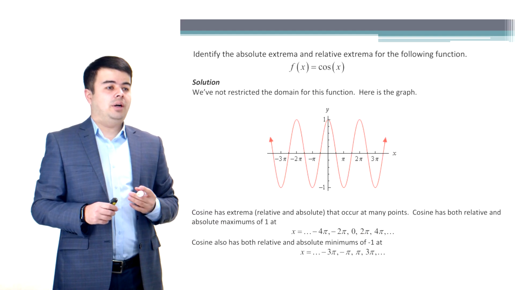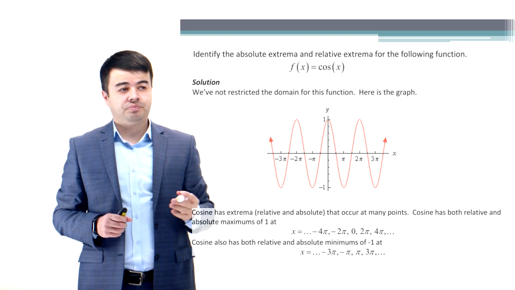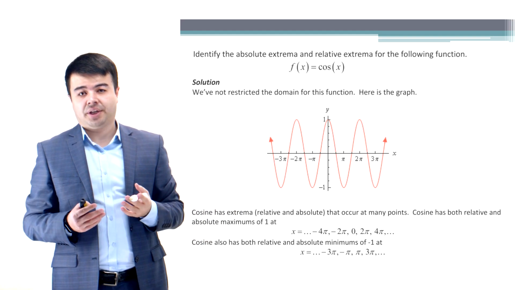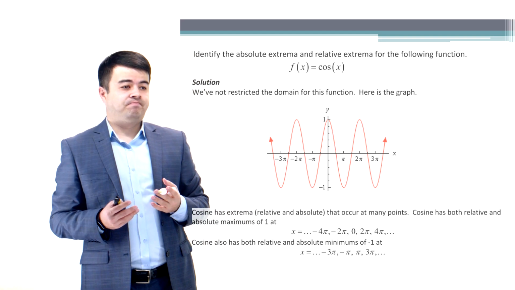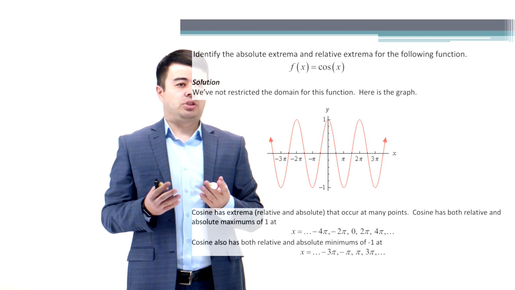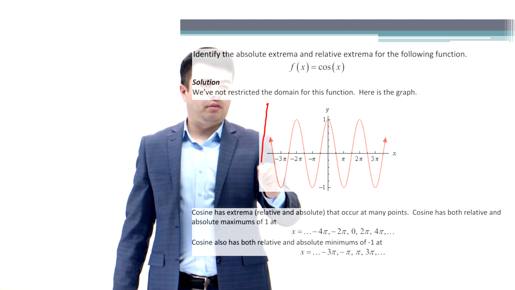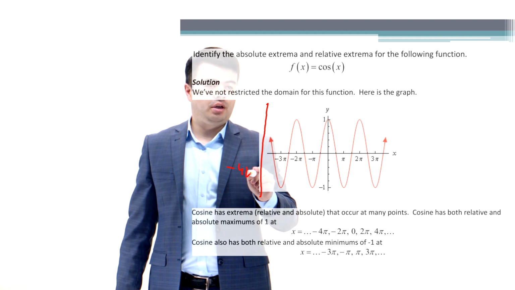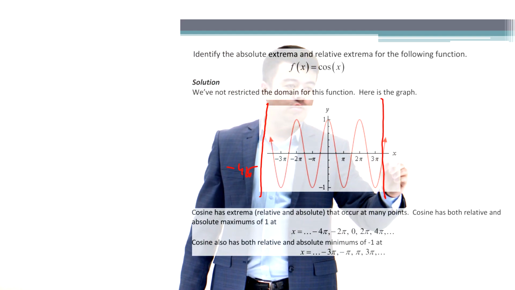Next, identify the absolute extrema and relative extrema for the following function. f of x equals cosine x here, and let's restrict the domain, for example, from -4 pi to 4 pi.